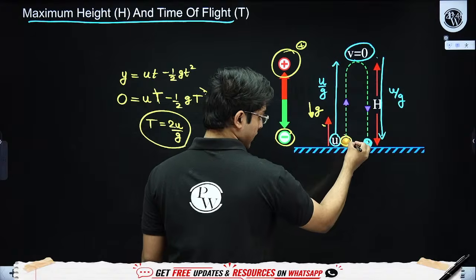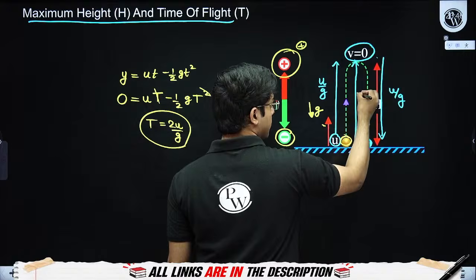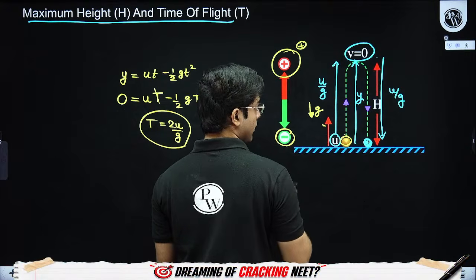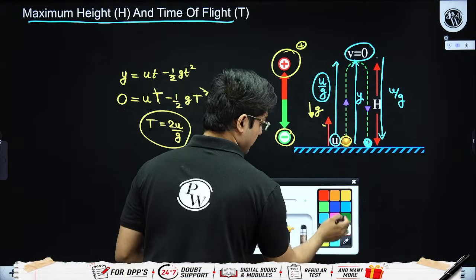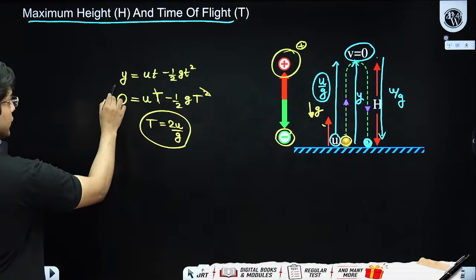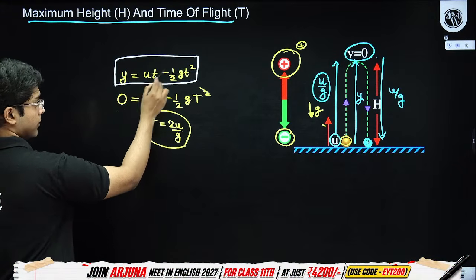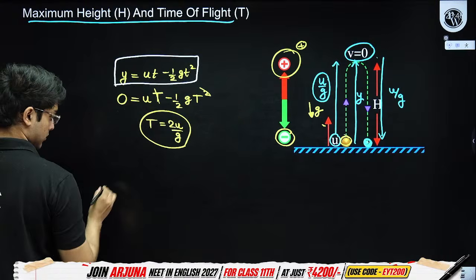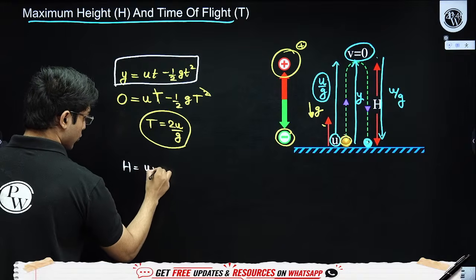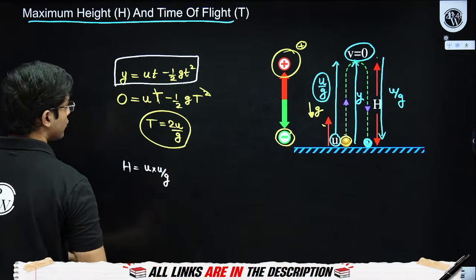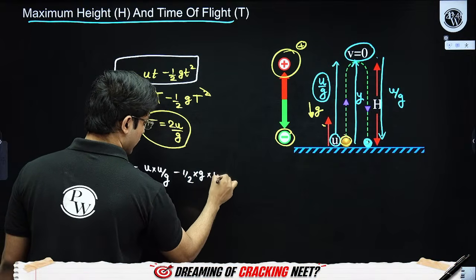Notice that this maximum height is the displacement along the y direction at time u by g. So in this equation, if I substitute u by g for the time, y will be the maximum height. So the maximum height is u into u by g minus half g into u by g the whole square.